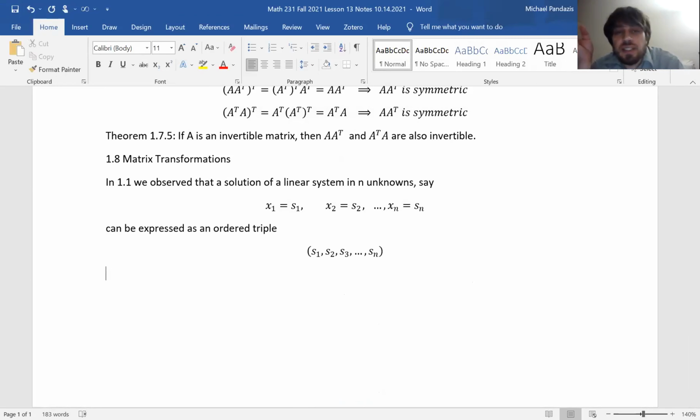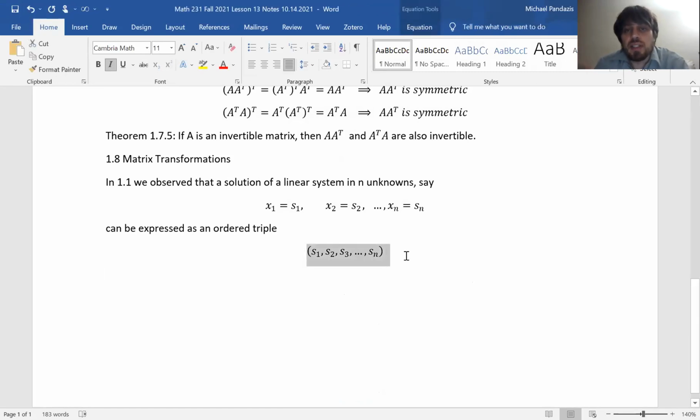Okay, so we can represent a solution of a linear system by an ordered n-tuple, right? Where the number is telling you which unknown that value is assigned to.